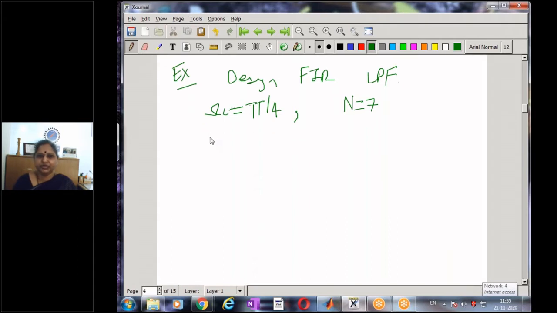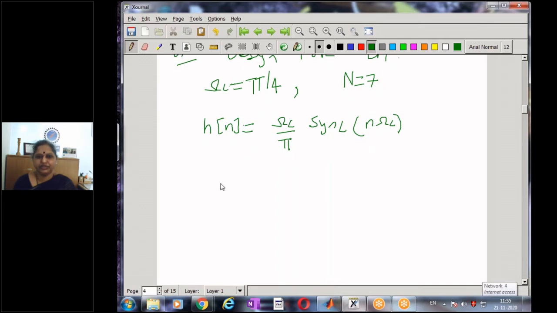So in the previous module we had done step 1, and after doing the integration, we got h of n as omega c by pi sinc n omega c. This is the expression we have, and for n equal to 0 we know this value.